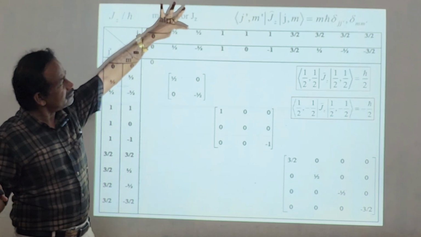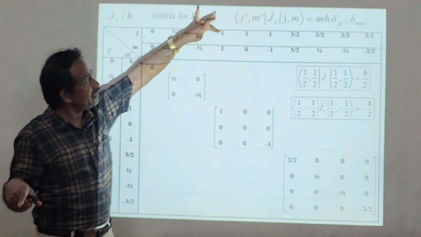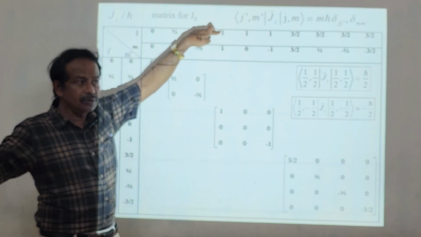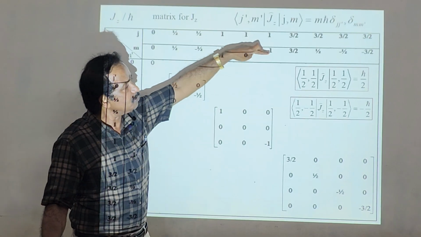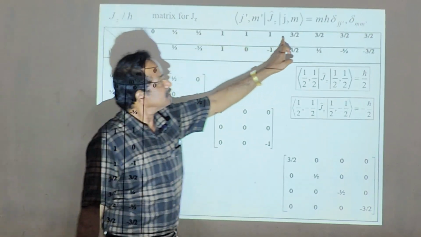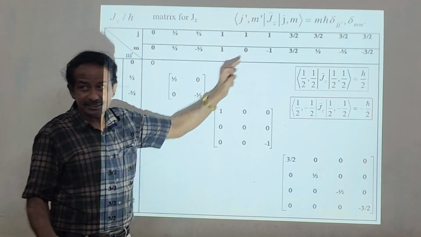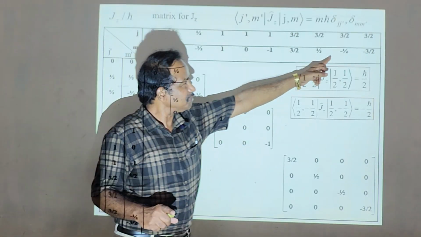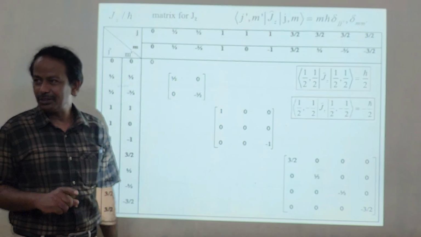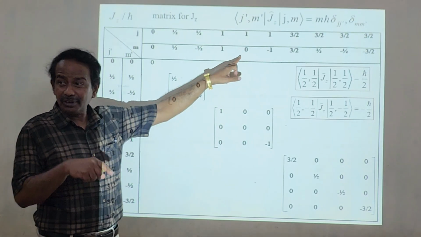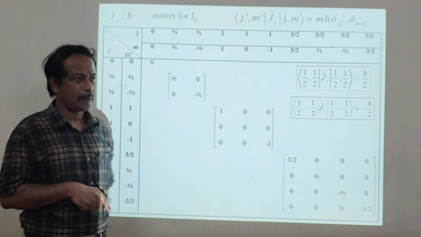For j equal to 1, the values will be minus 1, 0, plus 1, so 3 values. For j equal to 3 by 2, you will have 4 values, correct? Here there exists 0. Don't forget, there is no 0 here. So you have to remember, okay? There exists 0 here, for integers, full integers, and half integers.